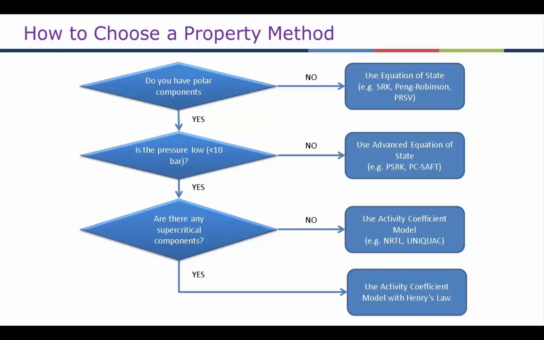If you do have any supercritical components, which means any component which is above its critical temperature and critical pressure, then we need to use an activity coefficient model with Henry's law, and the Henry's component will be the component which is supercritical.